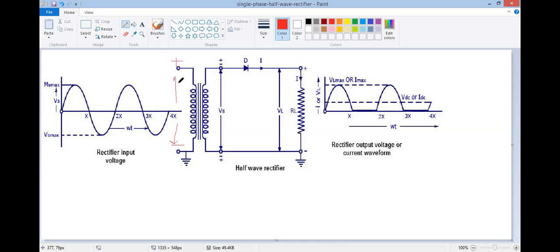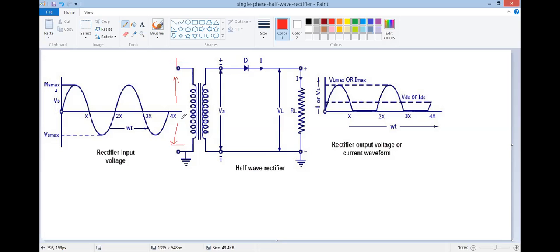So when positive half cycle appears at the input, plus will be on the upper side and minus will be on the lower side.